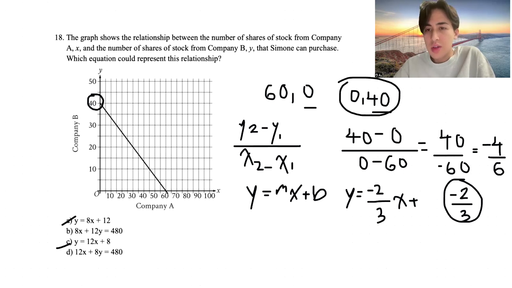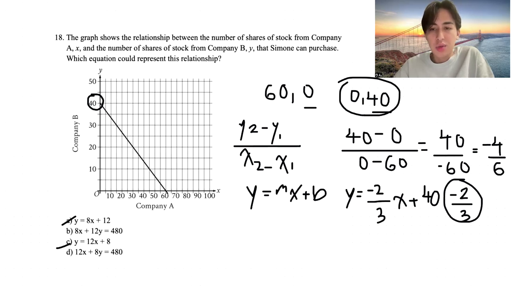That means your y-intercept will be the y value of this point, which is just 40. So your equation so far is y equals negative 2 over 3x plus 40. This is your answer, but it is not one of the available ones. This is correct. We just have to match it to either B or D.